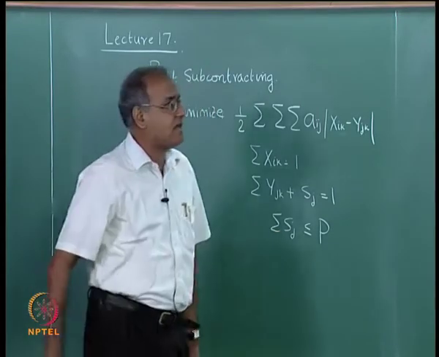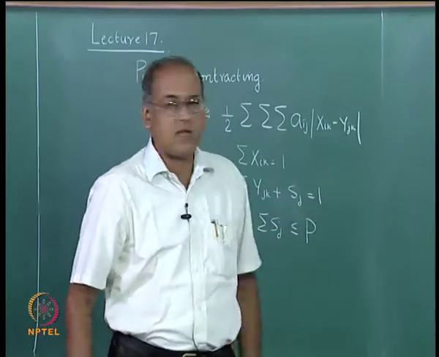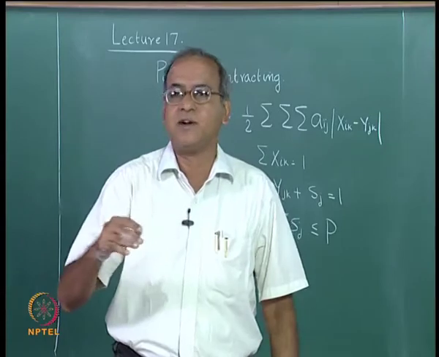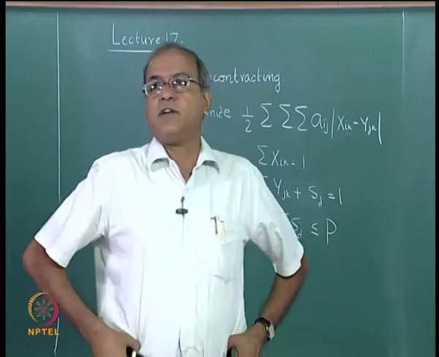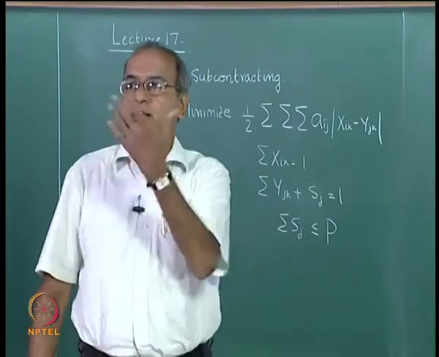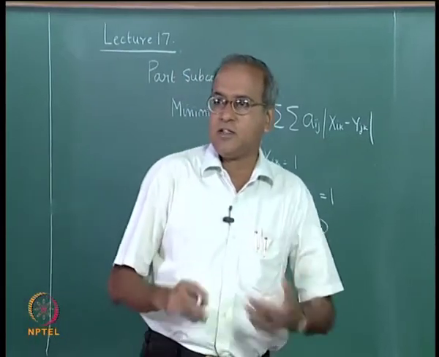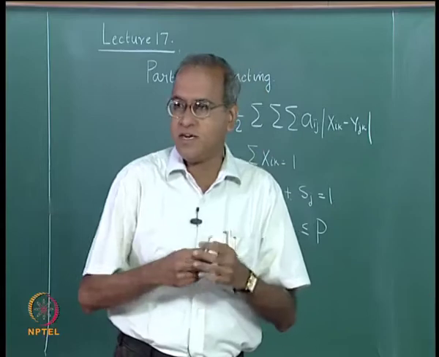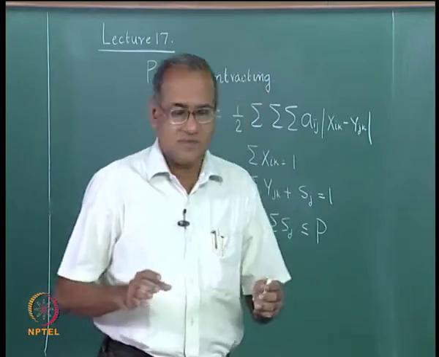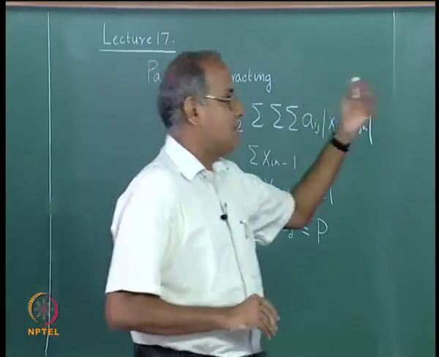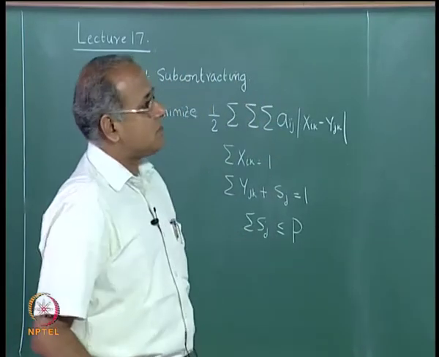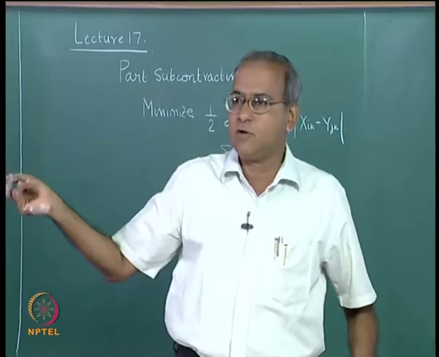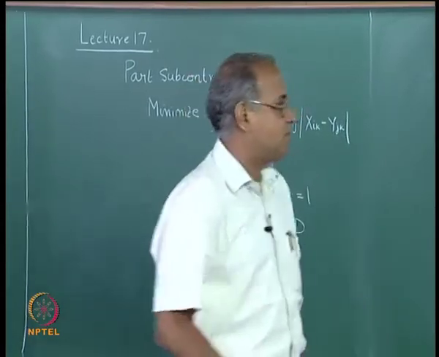The other way to write is y11 plus y12 plus y21 plus y22 etc. is greater than or equal to 7. We want to maximize that, so we should say greater than or equal to 7. So, the 8th part will go to subcontract and it will do.